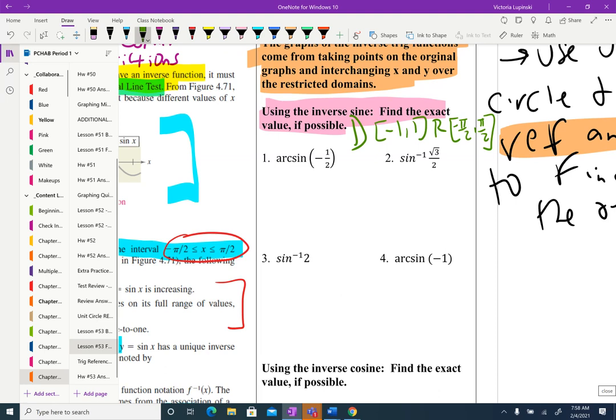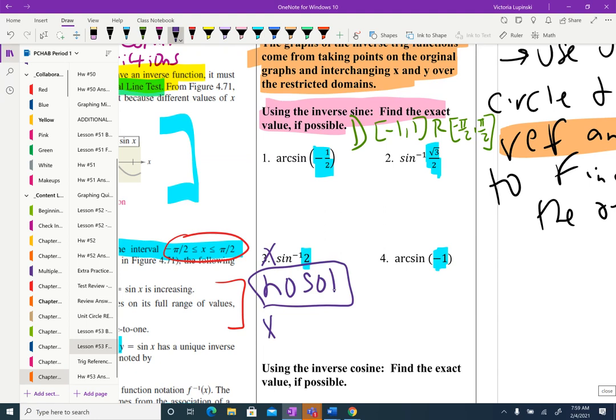Here's the first thing that tells me. Because of the fact that the domain is -1 to 1, if I check all my problems, -1/2, √3/2, -1, and 2, I can automatically see that number 3 is not going to work because 2 is not inside of the domain. So just so you know, this one is a no solution.